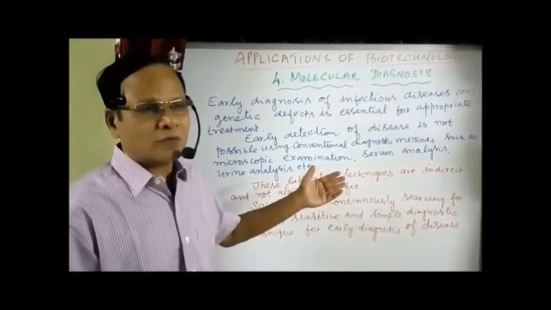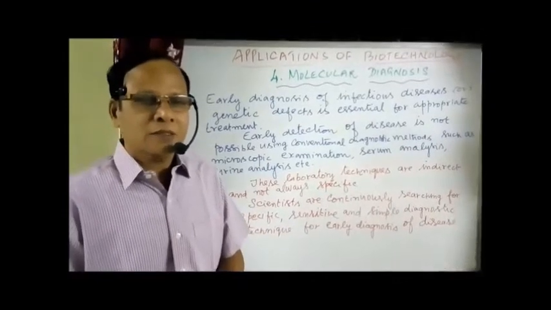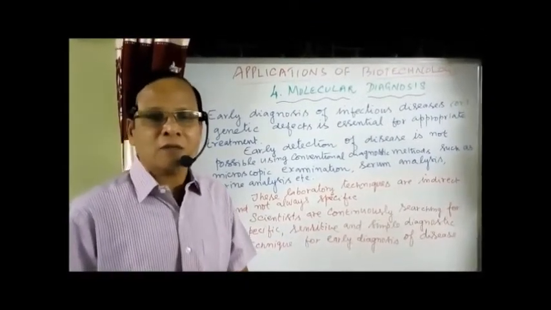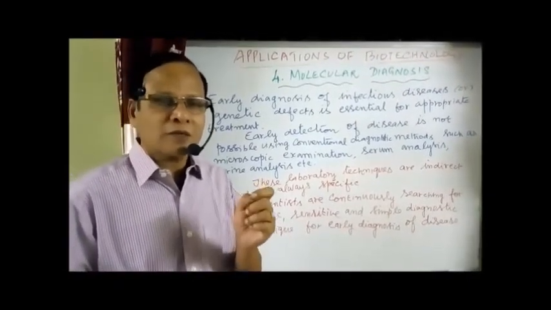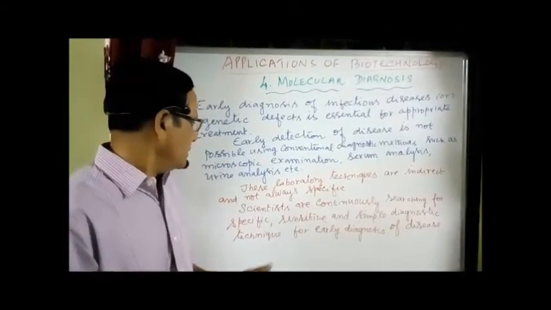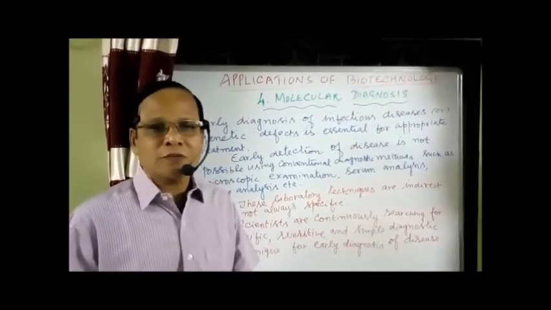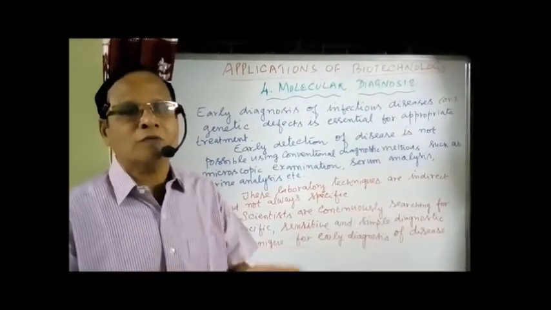The conventional methods are all laboratory techniques, and these are indirect methods. They are not always easy, not specific, and not giving accurate values. So scientists are continuously searching for specific, sensitive and simple diagnostic techniques for the diagnosis of diseases.